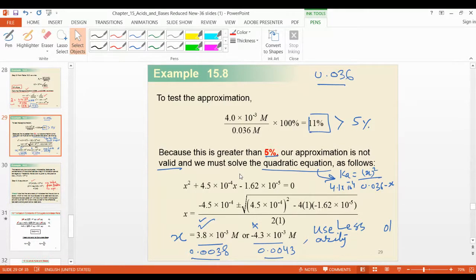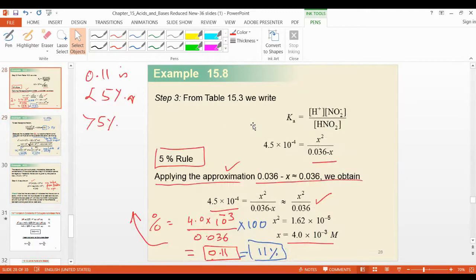If it is correct, it means less than 5%, it is correct. So directly you calculate the pH value. Whatever x value you get here, right? X value is this one.